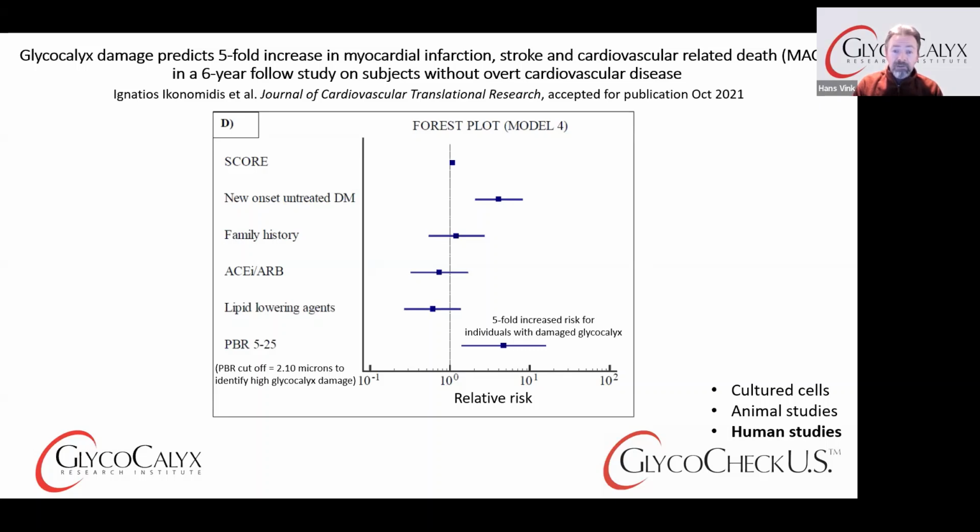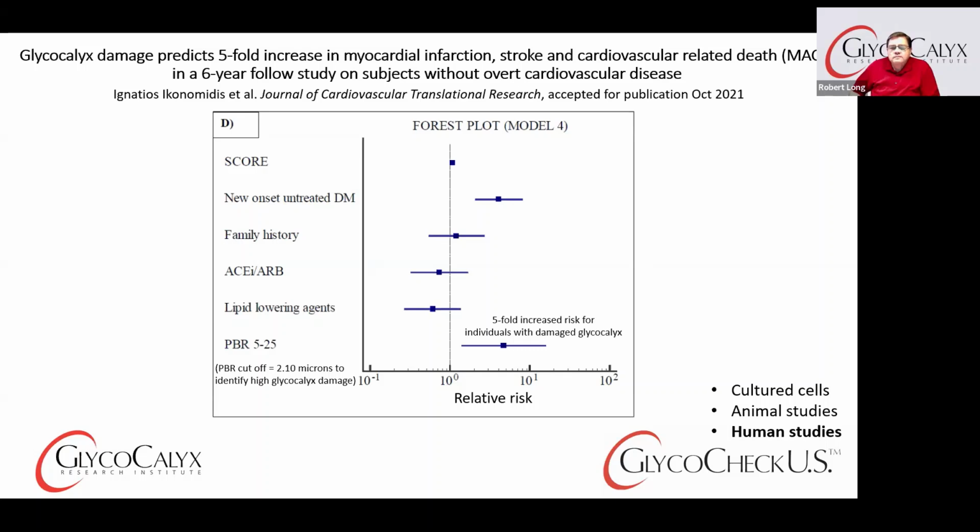And then they did 6 years of follow-up to see which of these people would get a heart attack or a stroke or would die because of cardiovascular disease. And it turned out that almost all of the people getting a heart attack or stroke were in the group of a compromised glycocalyx. So there's a huge risk of getting these cardiovascular events when your glycocalyx is compromised.